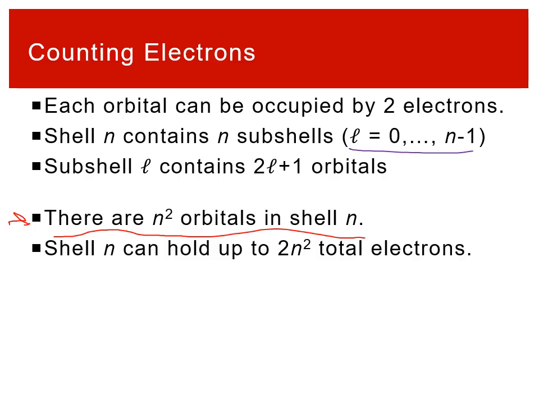But when we talk about actual electrons, shell n can hold up to 2n squared electrons. A maximum number of electrons is like a roof, or a ceiling, on the total number of electrons you can get in there. But you can have less than that. That's a maximum occupancy. Shells and subshells can be empty, or less than fully occupied.